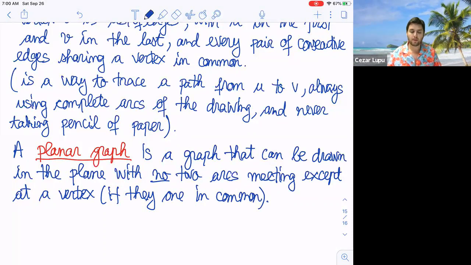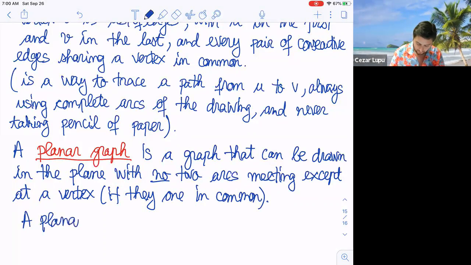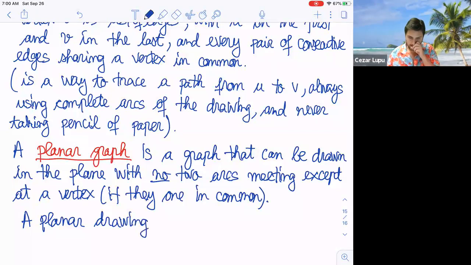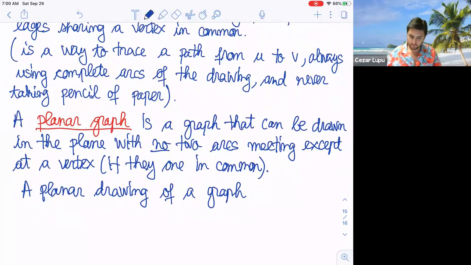And now a planar graph, well, let's say a planar drawing, because I want to veer towards Euler's formula. So a planar drawing of a graph partitions the plane.